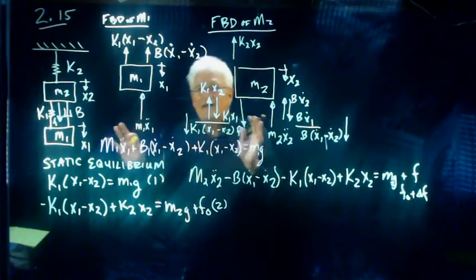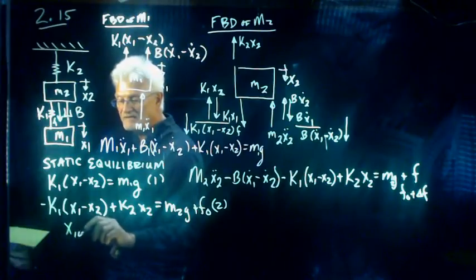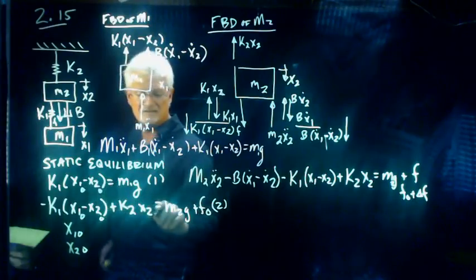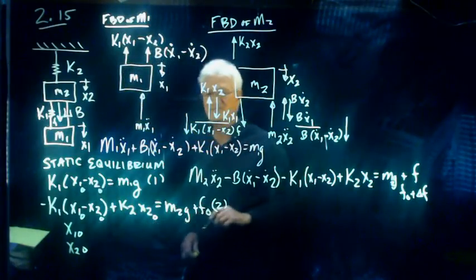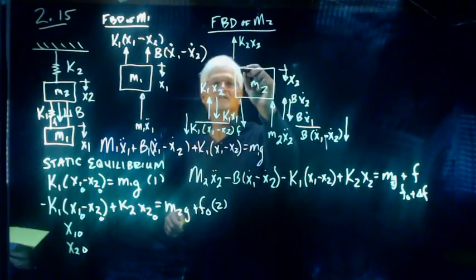Okay, so we're back. Now you know how to solve this using MATLAB, but this gives me x10 and x20. These are all the equilibrium positions, so I should put a little 0 subscript by it. These x10 and x20 are the equilibrium positions.